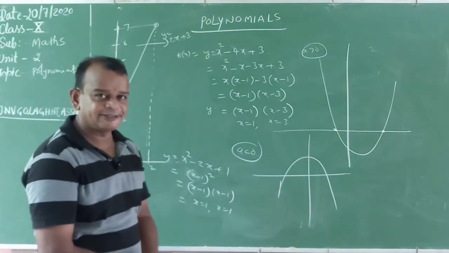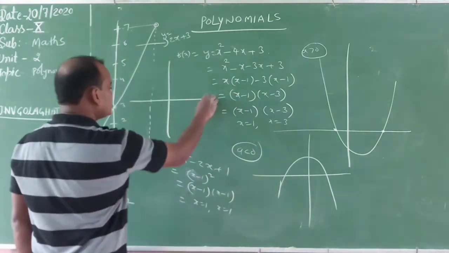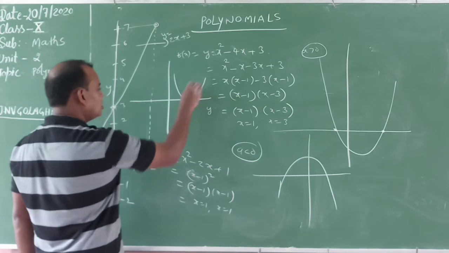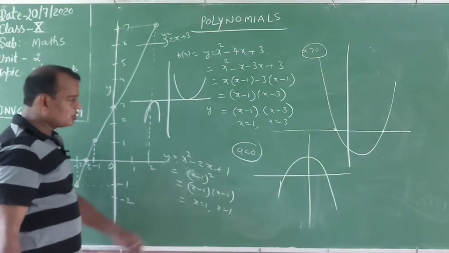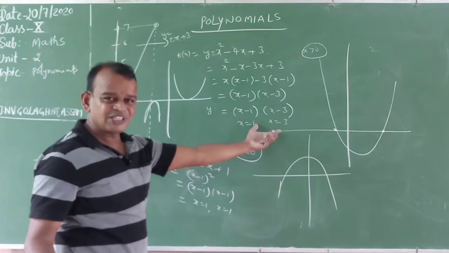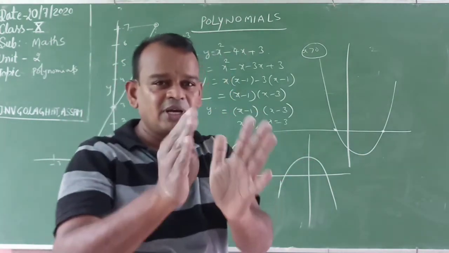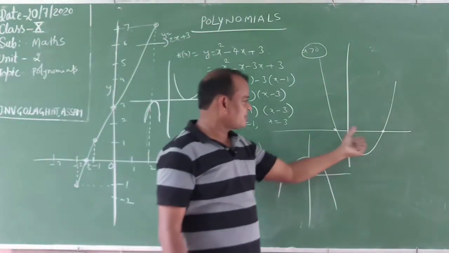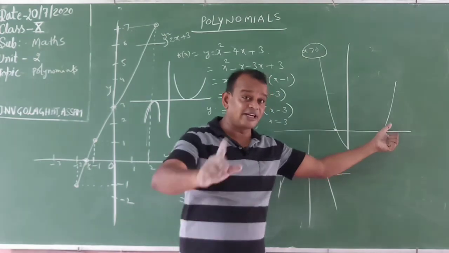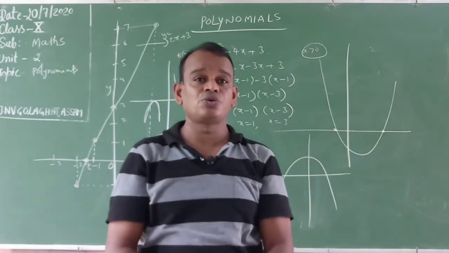The roots are coincident. What happened in this one? First observe that whenever you take a parabola, the quadratic polynomial is in the form of a parabola. If the parabola intersects the x-axis at 2 points, it means the parabola has 2 roots.